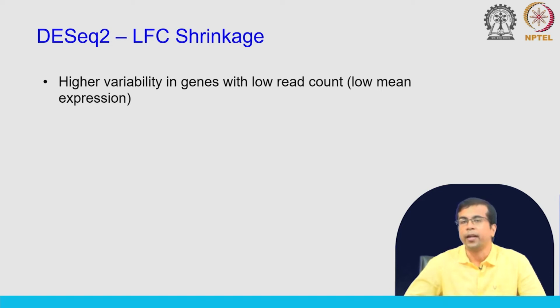The genes that are underrepresented, or have low expression, are likely to have higher variation between replicates. So, when you are sampling, in some replicates you might get 10 reads, in some 5 reads, in others 2 reads. This is why we see higher variability in genes with low read count.